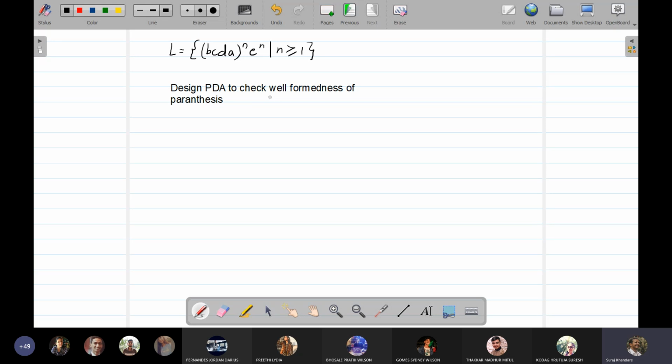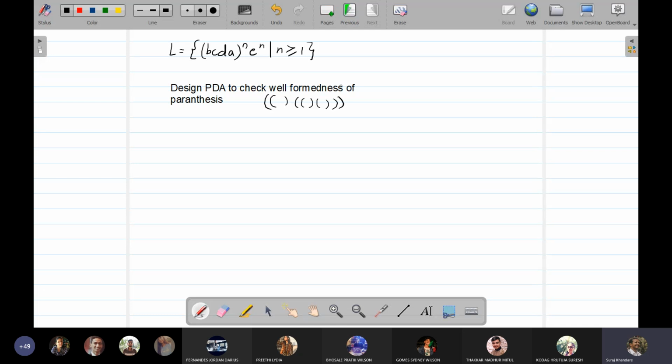Well-formedness means for each opening parenthesis there is a closing parenthesis. So opening, closing. But it could also be two openings, one closing, one opening, one closing, and closing. So this is also coming under well-formedness of parenthesis, because for three opening there are three closing brackets. We could also have this and this. This is also a well-formed example. So we need to accept all such type of examples.